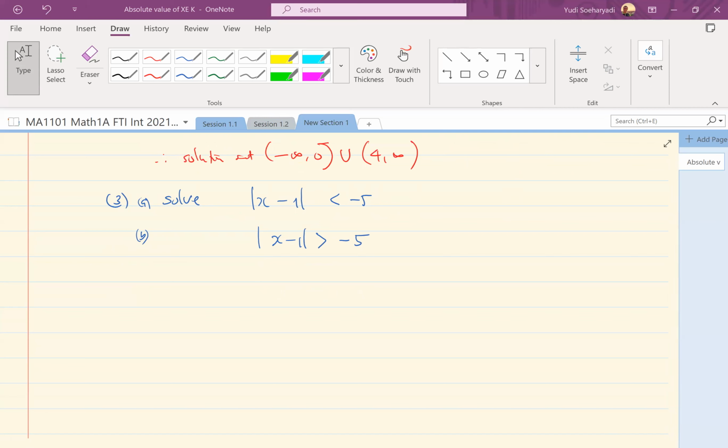Have you ever encountered this kind of problem in your high school with absolute value? Yes, most of the time. So what do you do with this type of inequalities?